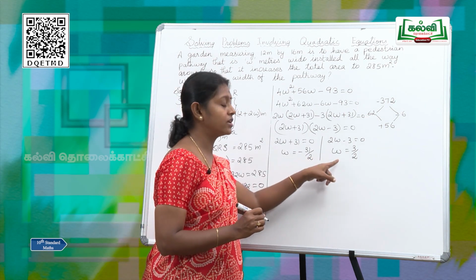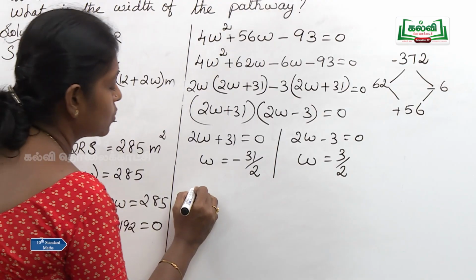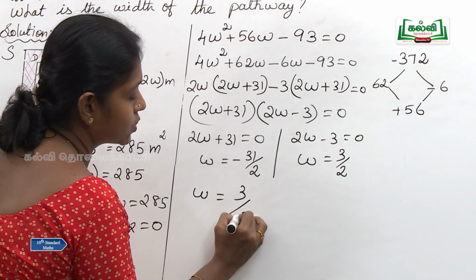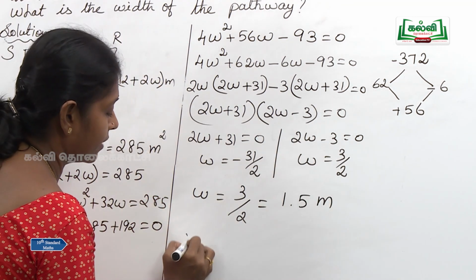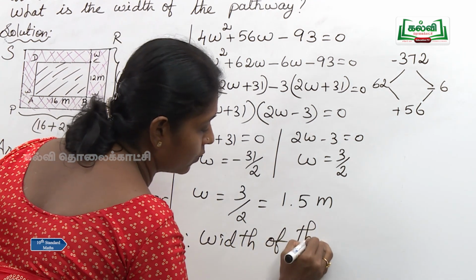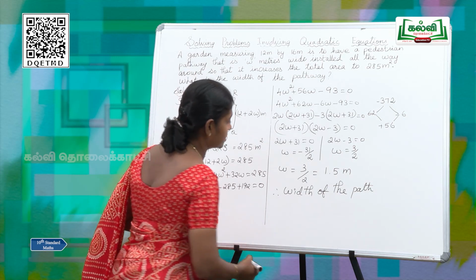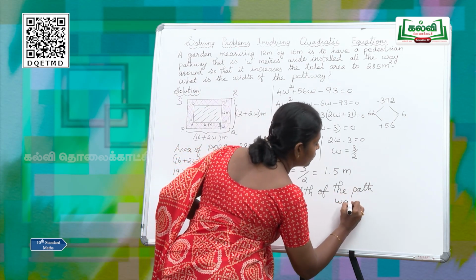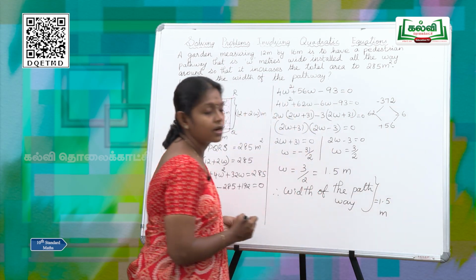So we have to take positive. So ω is equal to 3 by 2, that can be written as 1.5 meter. Therefore, the width of the pathway of the garden is nothing but 1.5 meter. Are you clear?